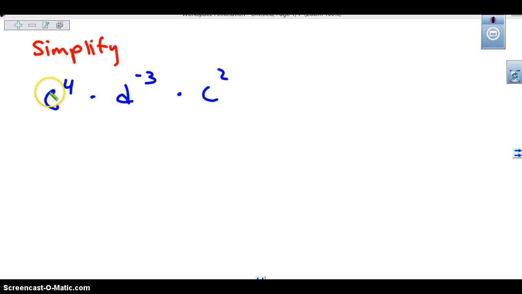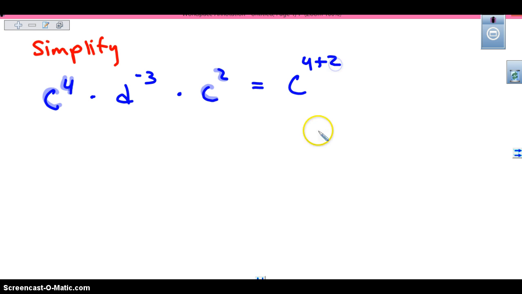If we have to simplify c to the fourth power times c to the negative third power times c squared, times d to the negative third power, we have to add the exponents of the terms with the common base. In this case, the common base would be c. So this means c to the 4 plus 2 power. What about the d to the negative third power?